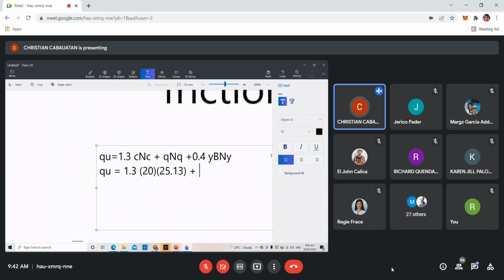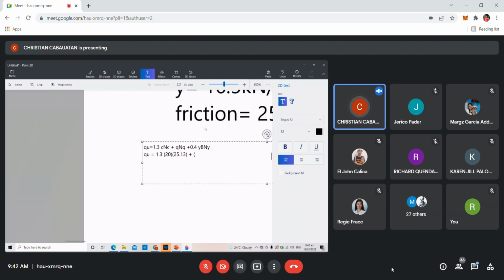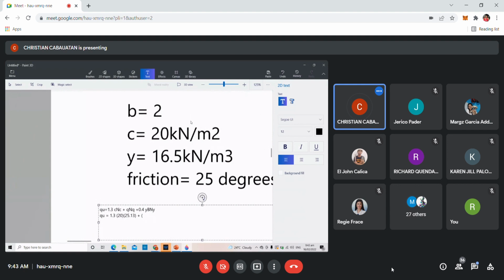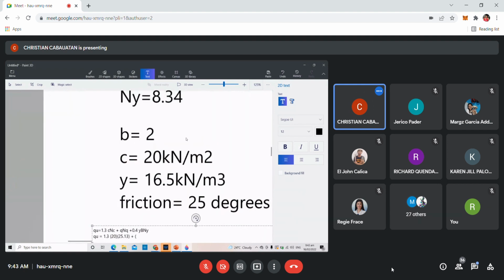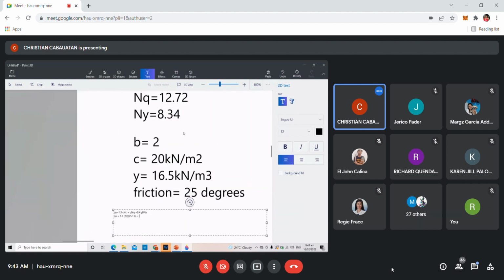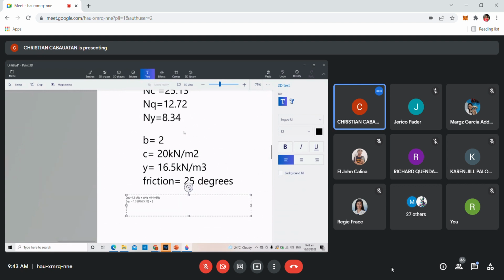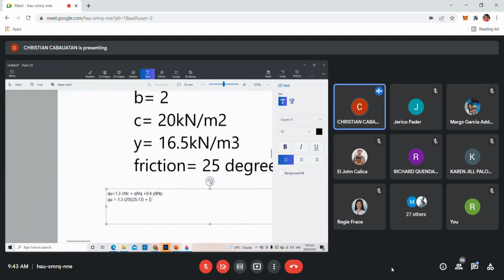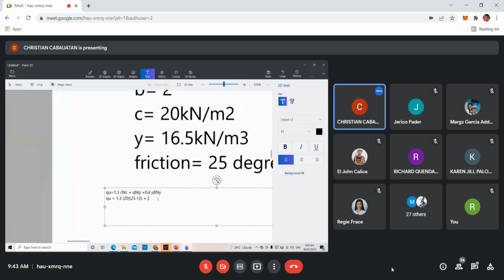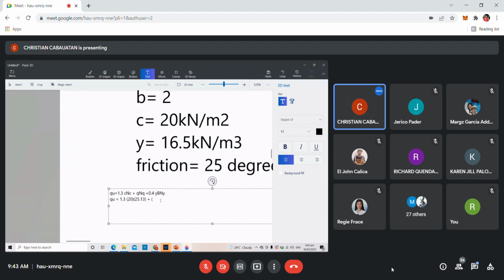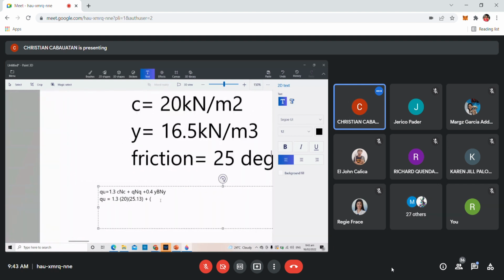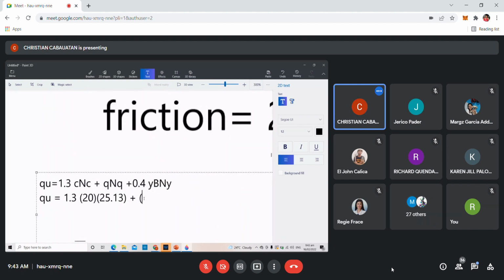Ano na yung q? Ano yung ilalagay natin sa q? Anyone from the group? Gamma times Df, sir. Okay. Ano yung gamma natin? It is 16.5. Am I right? Tama ba?